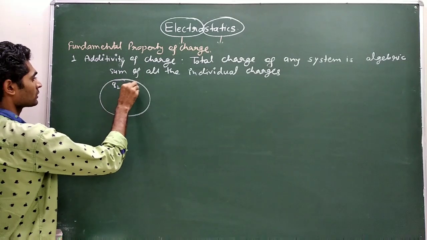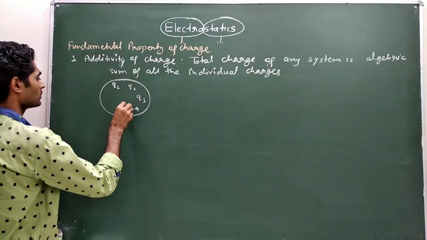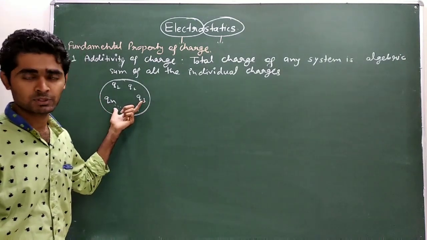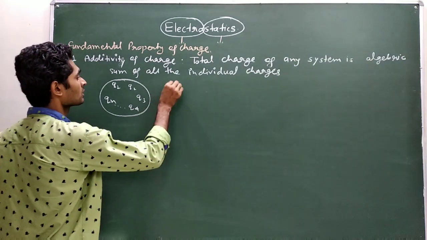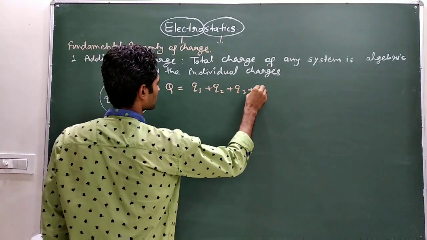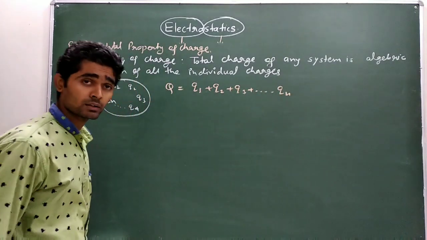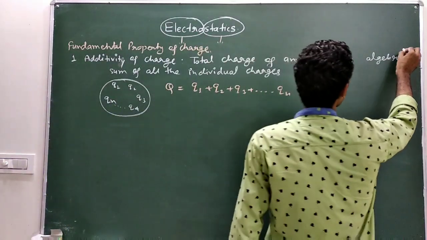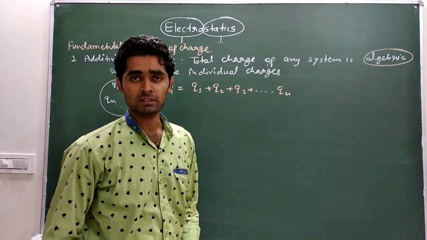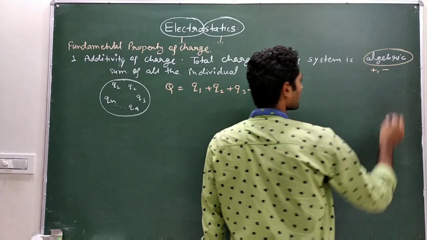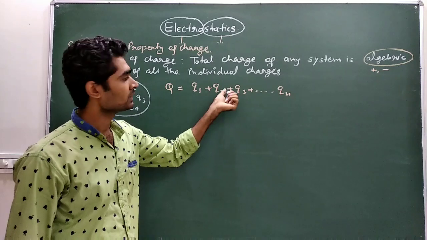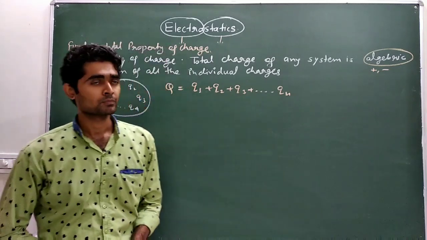We have Q1, Q2, Q3, Q4, that is Qn, and charges are present in this system. Then total charge will be Q is equal to sum of all the charges, that is Qn. Here is one term, that is algebraic. Algebraic means with their proper sign, positive or negative. If charges are positive, then put plus sign. If they are negative, then put negative sign before them.